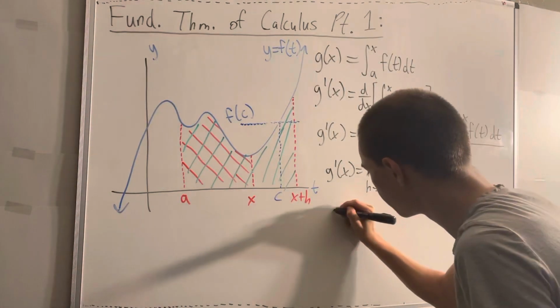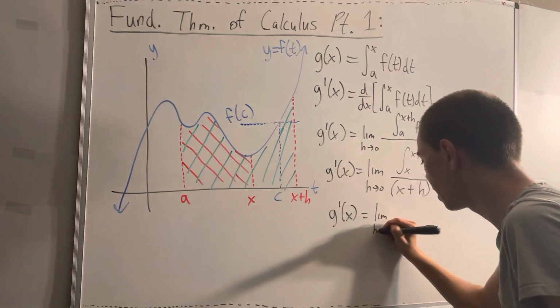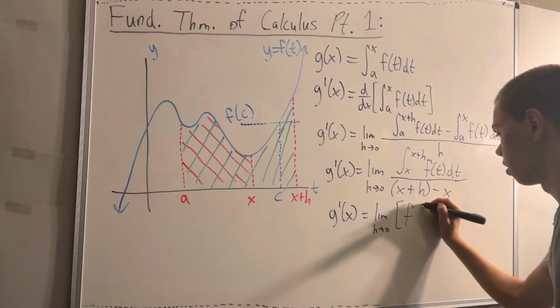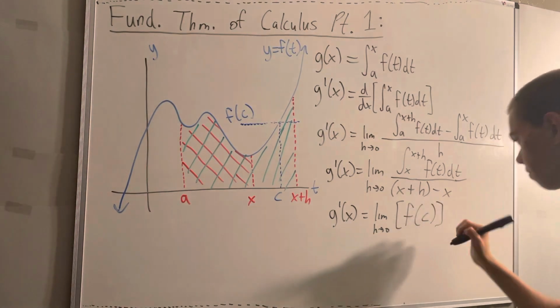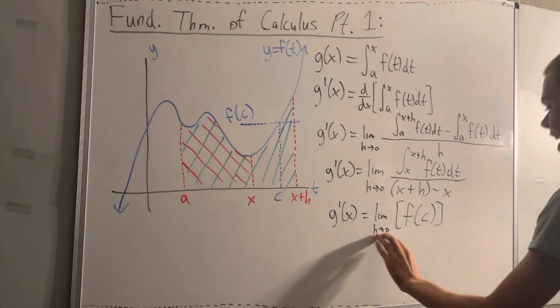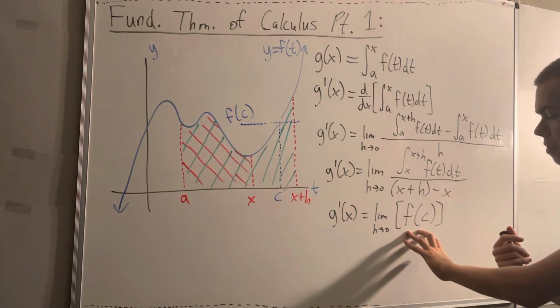So we can now rewrite this as g prime of x equals the limit as h approaches 0 of f of c, because that is really the average value of our function. So the whole question we have to answer is, as h approaches 0, what does f of c approach?